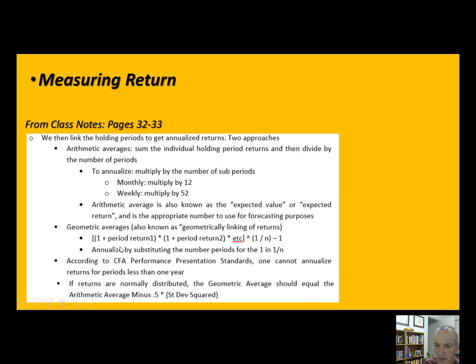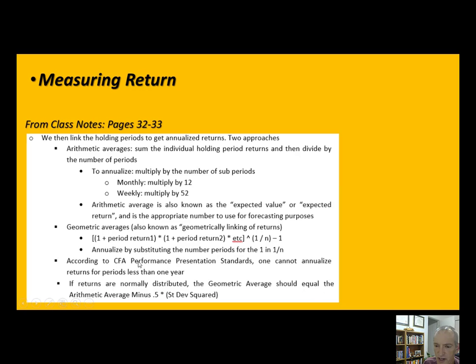For the geometric, instead of raising it to the 1 over n, you instead raise it to the 12 over n for monthly, or 52 over n for weekly, and then subtract 1. So we'll work on these two formulas. Be careful when you annualize geometric averages. An annualized geometric average can be higher than an annualized arithmetic average. The geometric average cannot be higher, but the annualized geometric average can be.